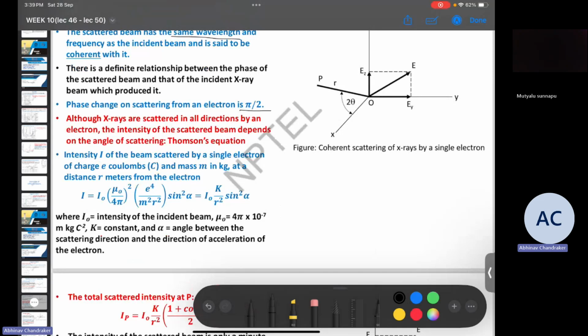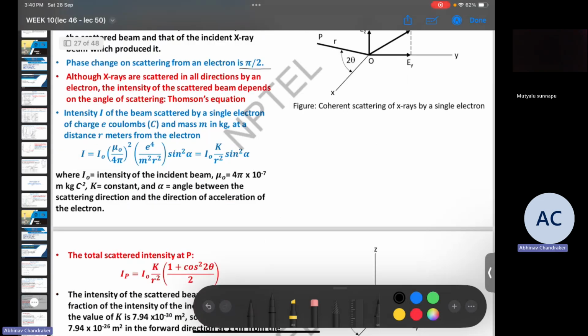So the scattering won't be restricted to any one angle. Since the electron is oscillating depending on the direction of oscillation of the electric field in the radiation, at all angles we'll have some scattering, and the intensity of the scattering at any angle can be given by this formula.